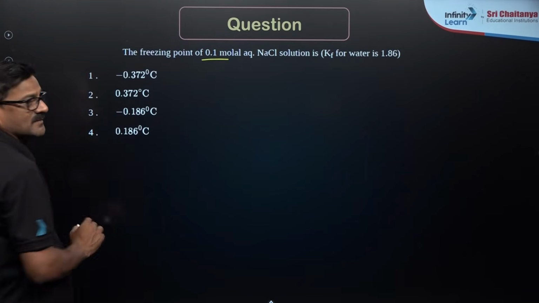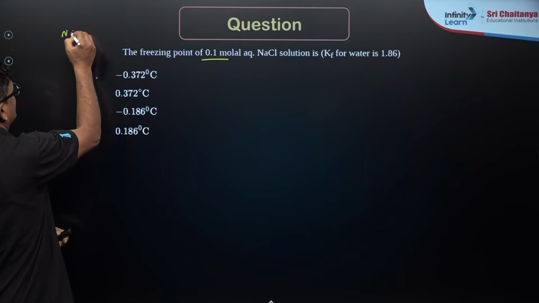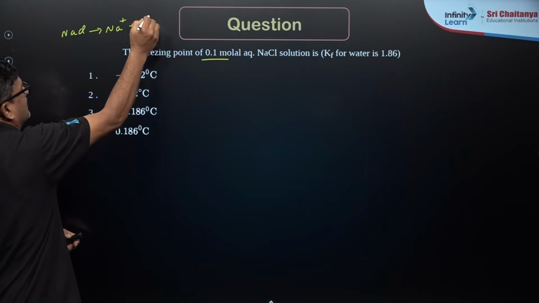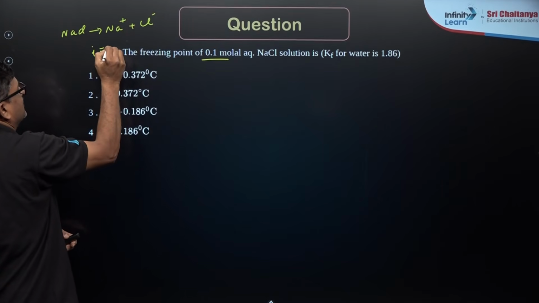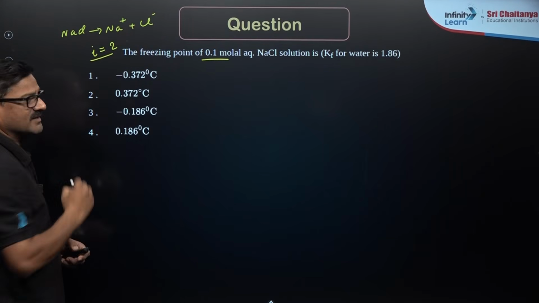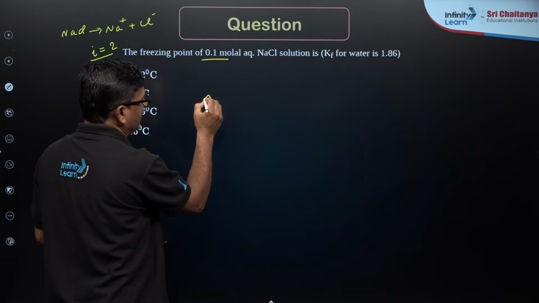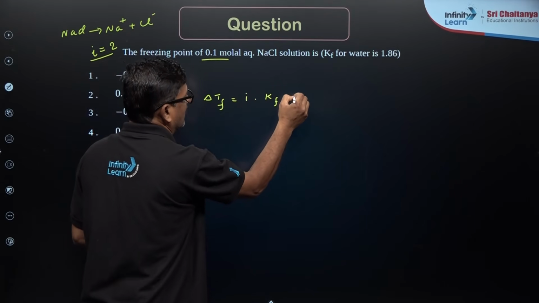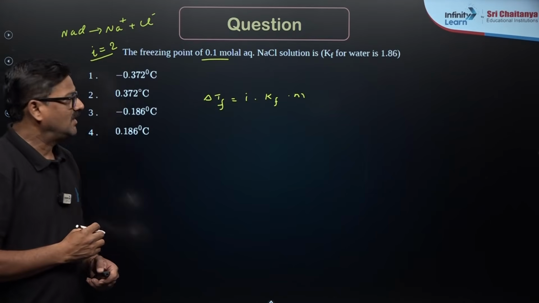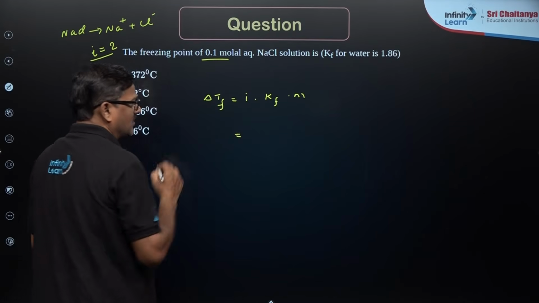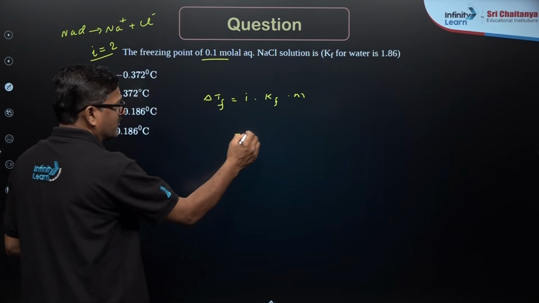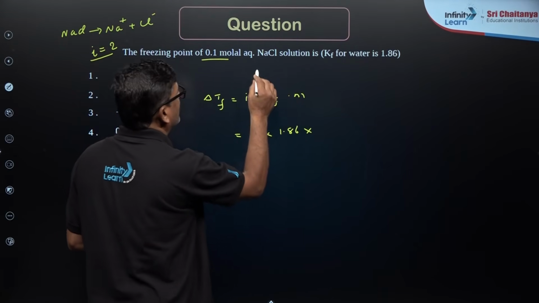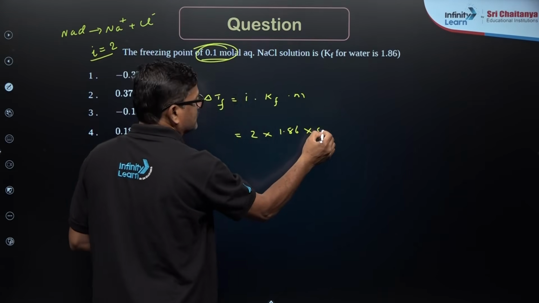As NaCl is dissociated to Na plus and Cl minus, the i value is going to be 2, assuming it is completely ionized. So delta Tf is equal to i Kf into molality. Let us talk about delta Tf: i value is 2 into 1.86 into 0.1 molal.